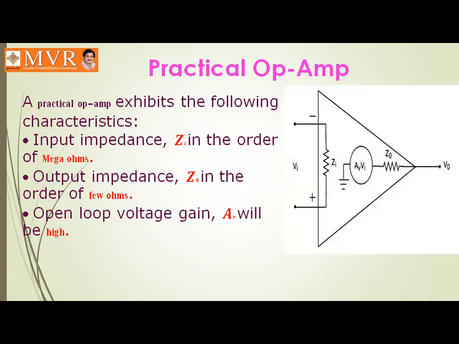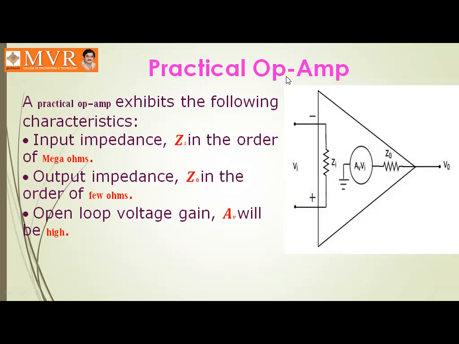And coming to practical op-amp characteristics, the op-amp which we are considering is nothing but the practical op-amp. What are the different characteristics, how the different characteristics must be for this practical operational amplifier.